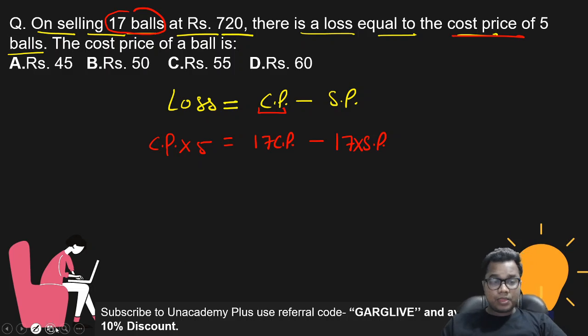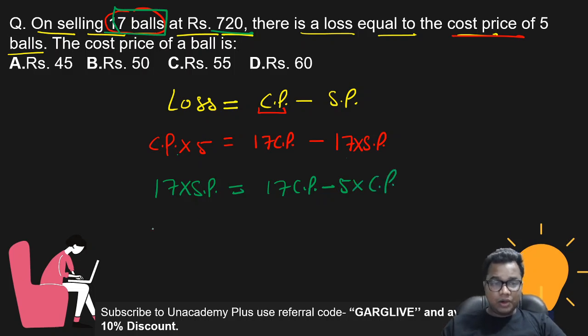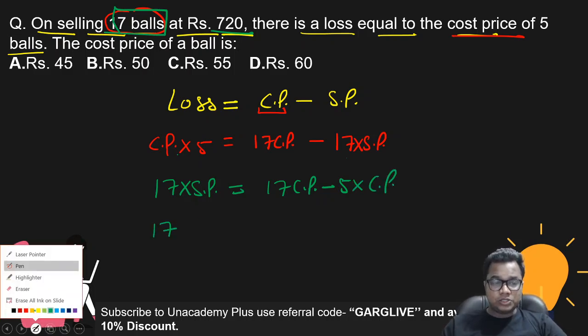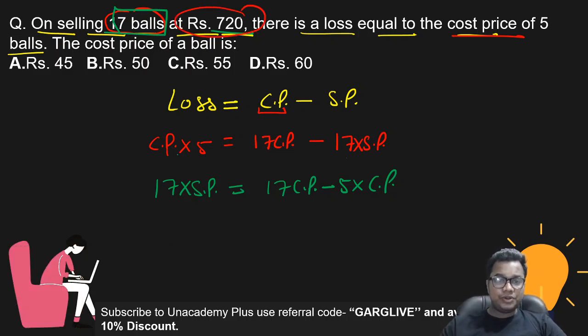Now, if you solve this: the selling price of 17 balls is 720. Take the CP of 17 balls to this side, and CP of 5 to this side. This is 17 CP minus 5 CP. So the SP of 17 balls equals 720, and this equals 17 CP minus 5 CP, which is 12 CP.